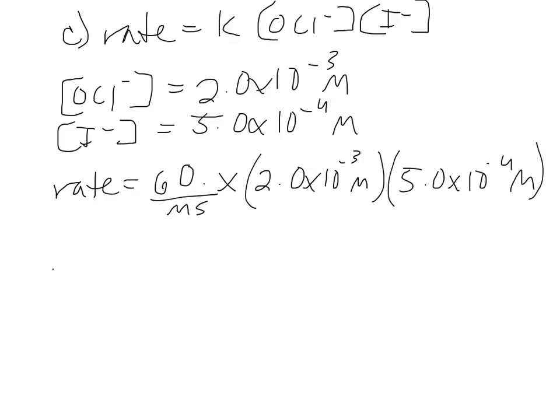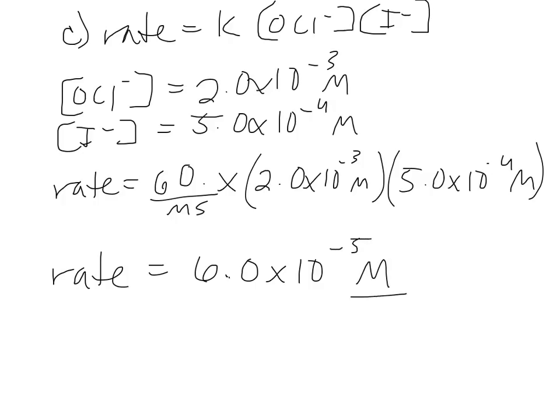When you've done all this math, your final answer is 6.0 times 10 to the negative fifth molar per second. Your units should cancel. Molar cancels out with molar, and now I have molar per second. Those are the right units. This would be your final answer.